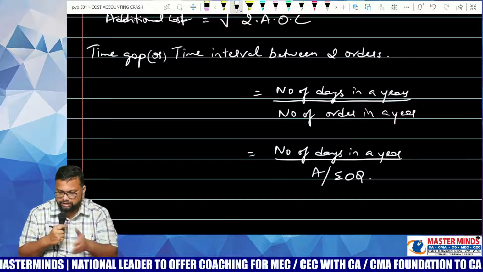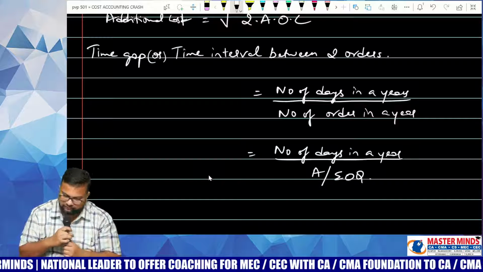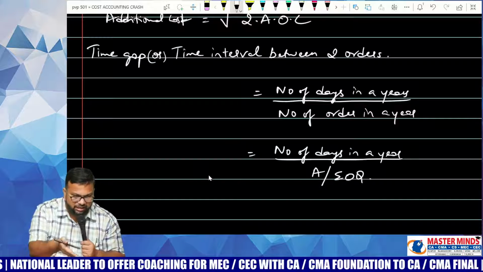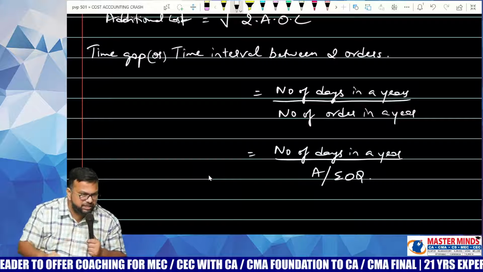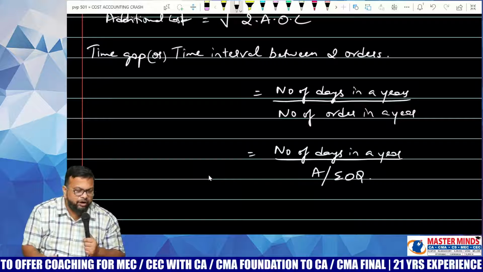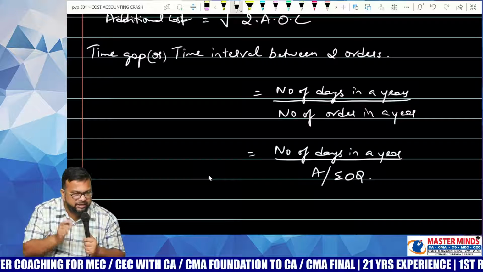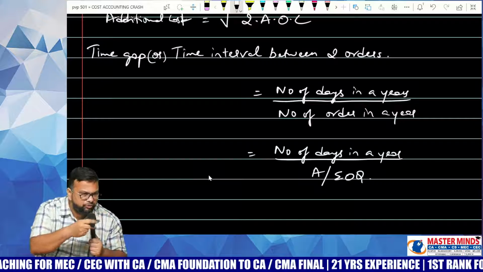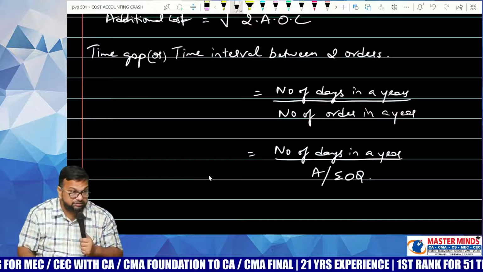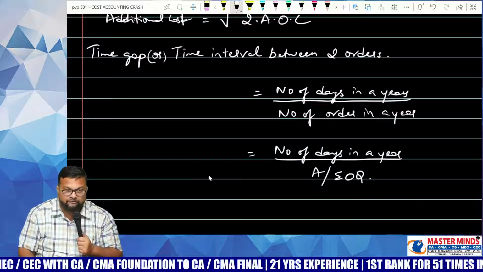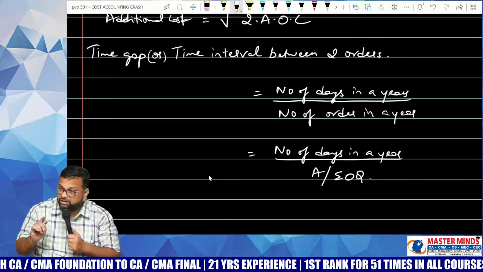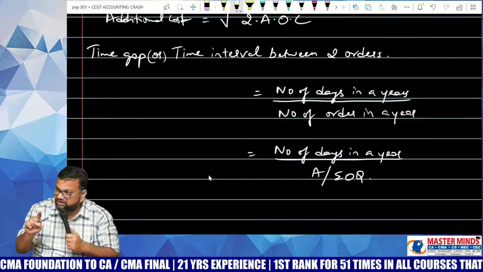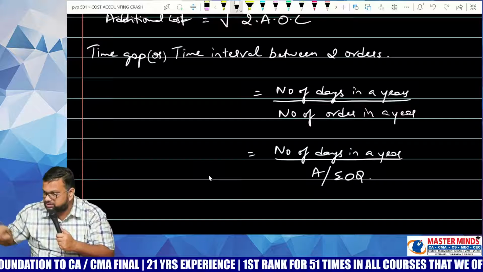Okay. There is no need to memorize anything, Nana. For example, in the example that I have taken, 1800 is the EOQ size, right? So if you are ordering in 1800 size, how many orders we need to place? We already calculated it in the table. 30. So for 360 days, you have to place 30 orders.